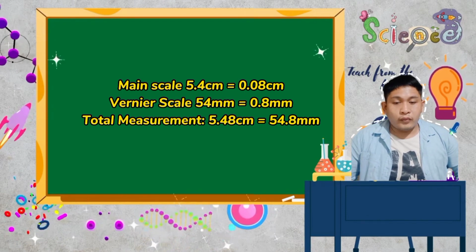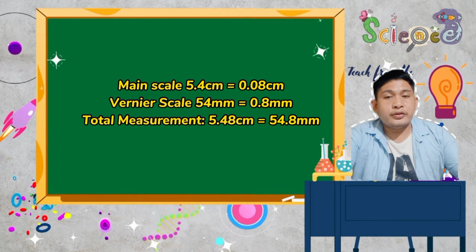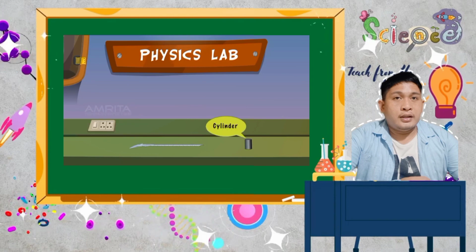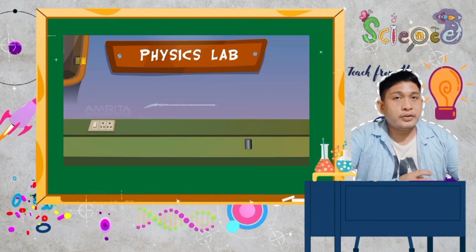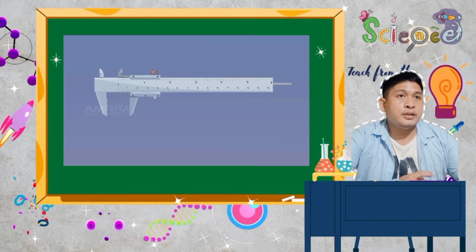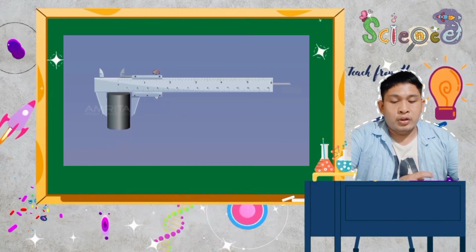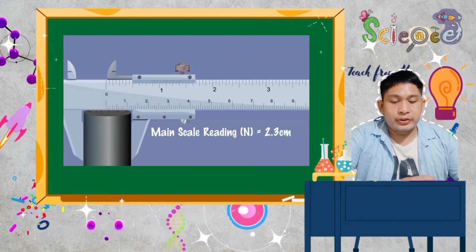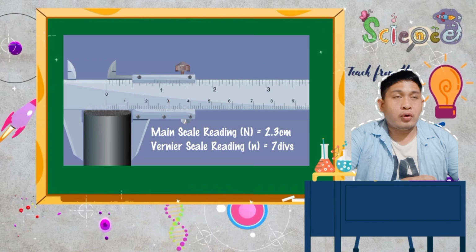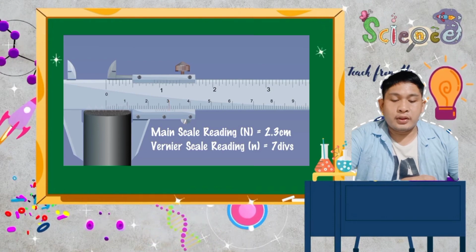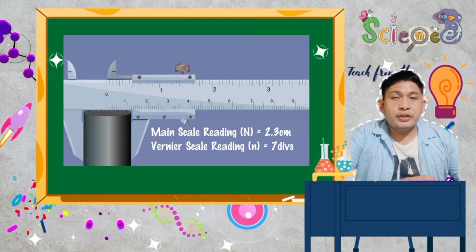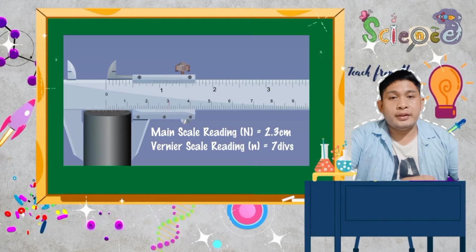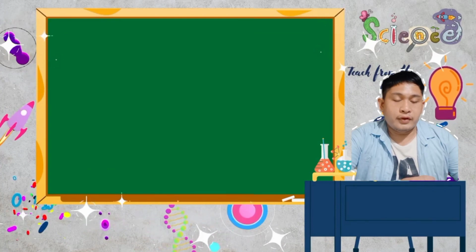So I have here another example for you guys, which is a cylinder. We'll measure its external diameter. The main scale of this cylinder reads 2.3 centimeter, or 23 millimeter, while its Vernier scale has a measurement of 0.07 centimeter, or 0.7 millimeter.